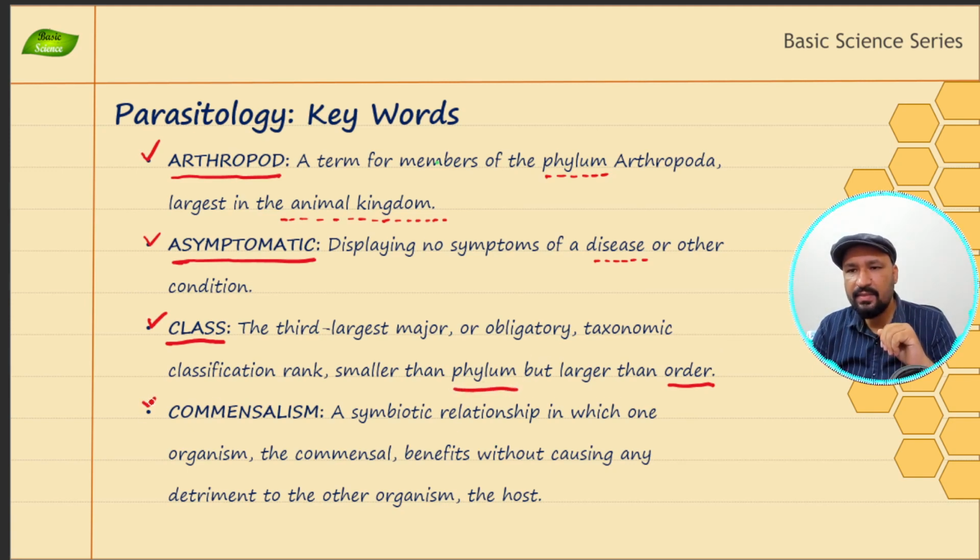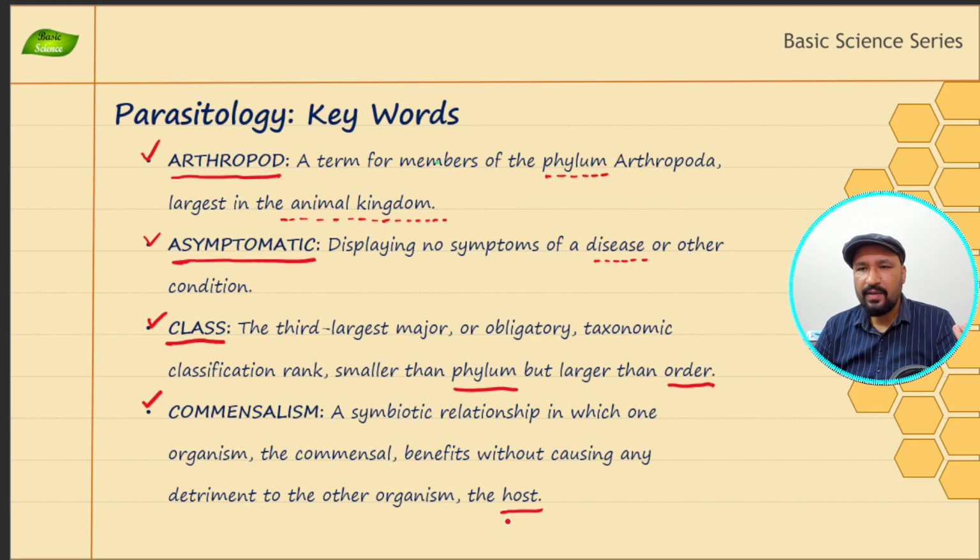Next is commensalism. What is commensalism? It's a symbiotic relationship with another organism, which basically benefits one organism without causing any harm to the other, in this case maybe the host, if you are discussing the relationship.